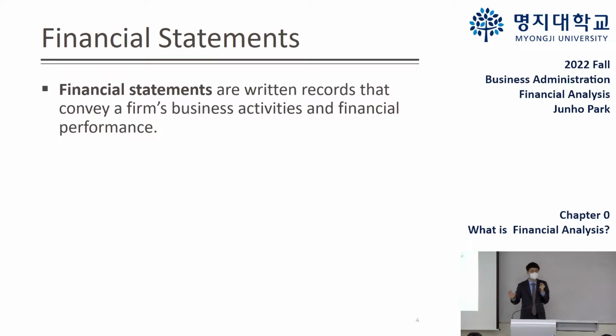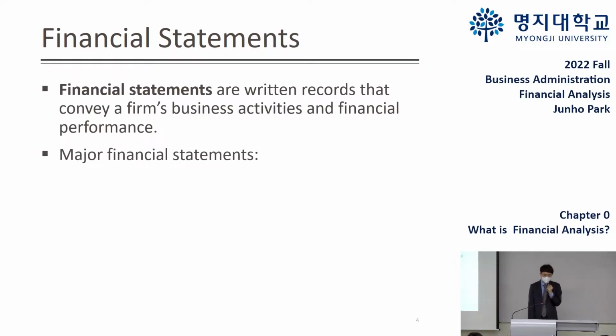For example, purchasing the inventories, selling it to your customers, and manufacturing something from your factories. Everything is called operating activities or business activities. And the result, the conclusive money that you collected or earned, is called financial performance.